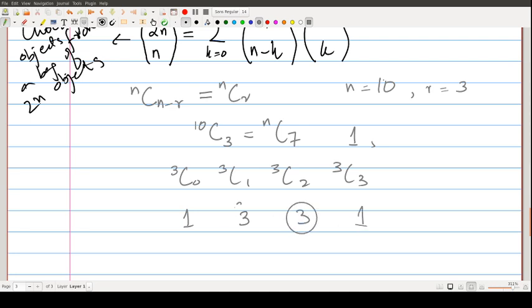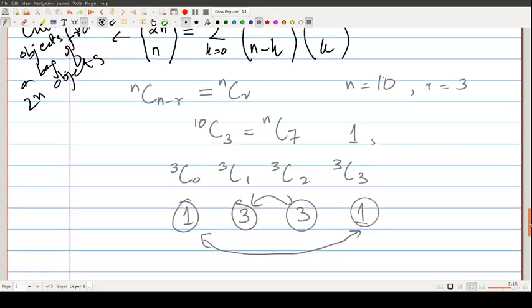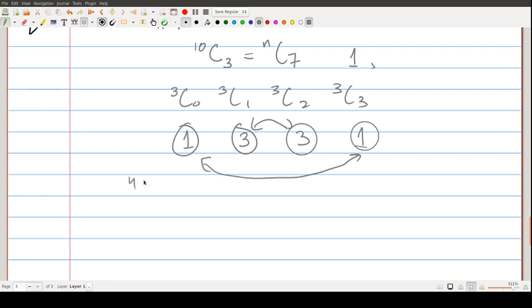So there's a symmetry about these coefficients, right? These are the same and these are the same. If you look at 4c0, 4c1, 4c2, 4c3, 4c4, then those are just 1, 4, 6, 4, 1.